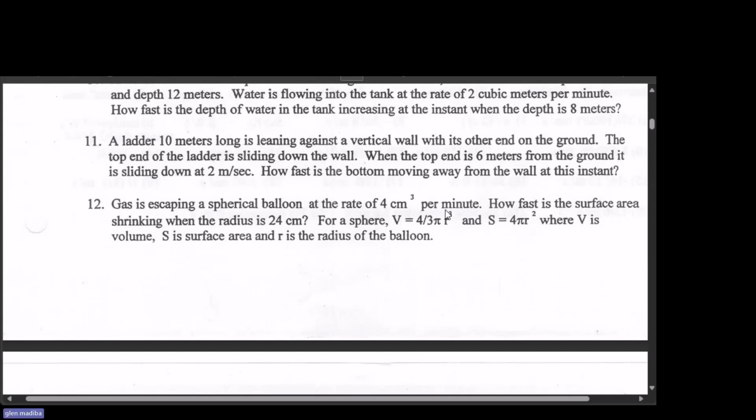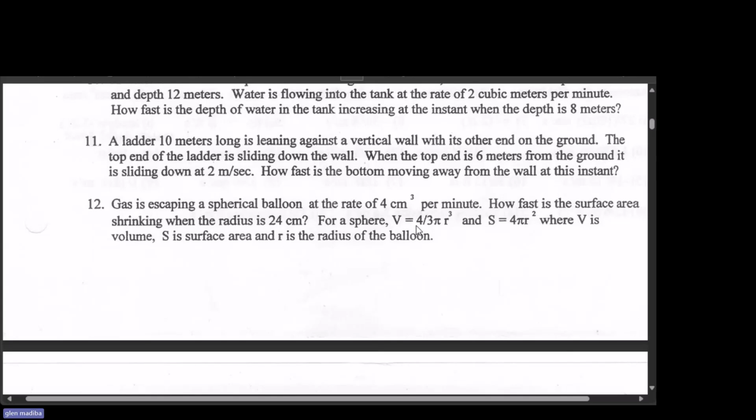V, which is volume, is 4/3 pi r cubed. Now, when we differentiate this volume with respect to t, we end up having 4/3 pi 3r squared dr over dt. Are we clear? Here is V. Do you see this equation for V that they gave us?